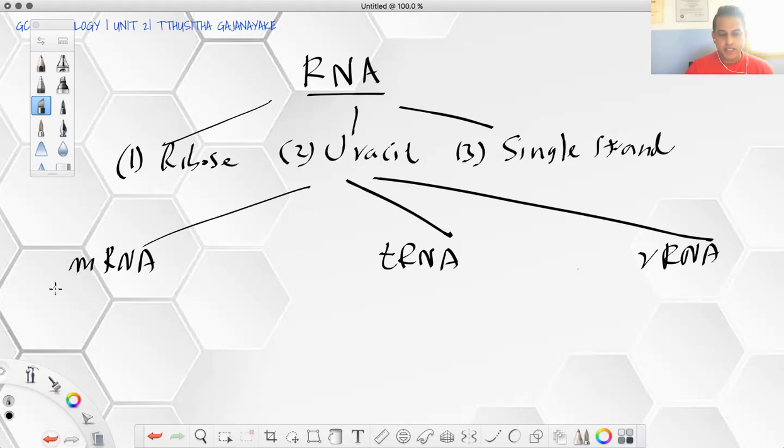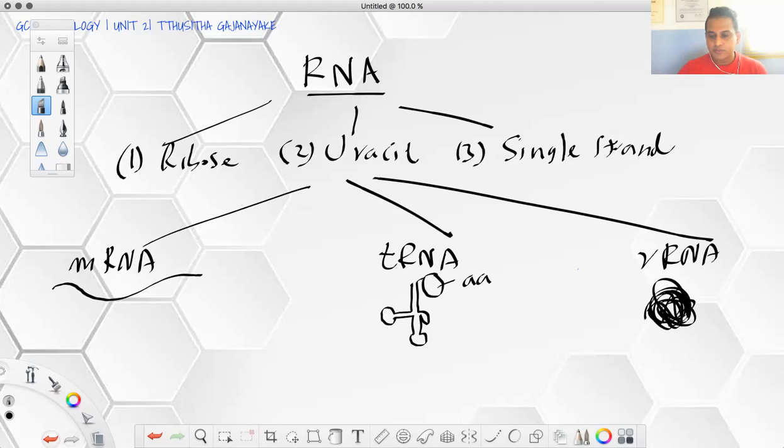But messenger RNA is a single strand like this. tRNA has a special shape like this, and it always carries an amino acid. Then the rRNA are folded to make the ribosome. Like this, and it's also combined with different proteins to make the ribosome.